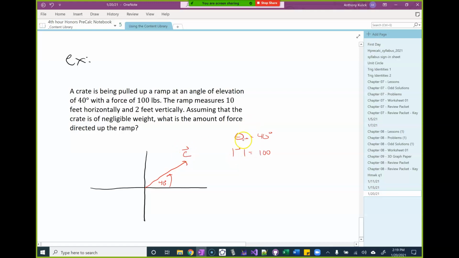And then we have our ramp, which is, like it said, 10 feet horizontally and 2 feet vertically, right?